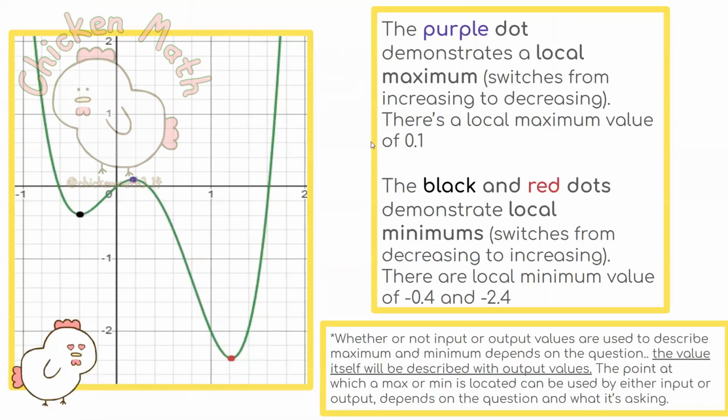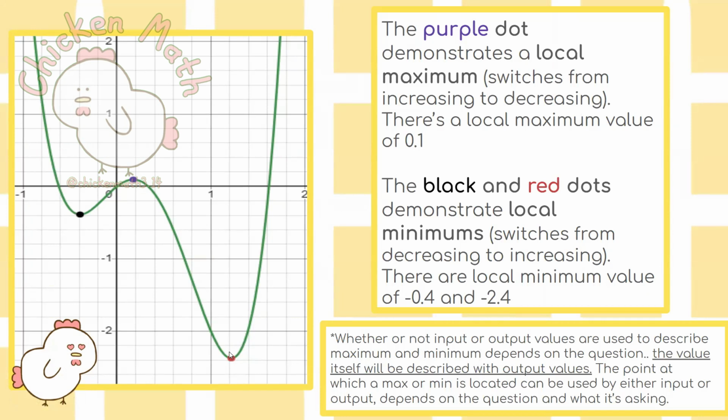So this demonstrates that this function right here has 3 local extrema. The purple dot is a local maximum. So if we look right here, we can see that the graph goes from increasing output values to decreasing output values. So this point right here is a local maximum. Now, vice versa is our local minimums.